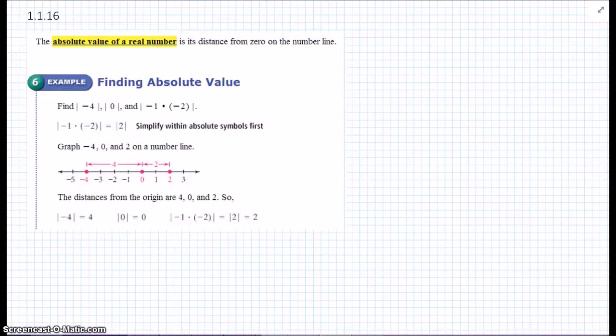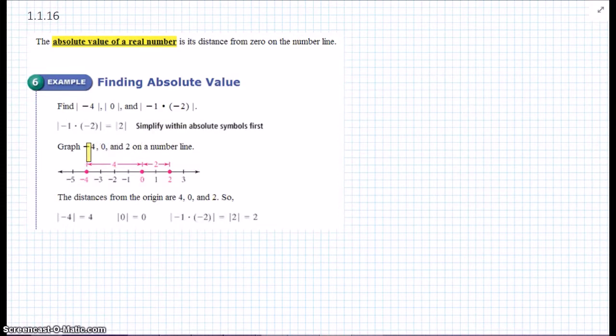The last point in 1.1. The absolute value of a real number is its distance from 0 on the number line. So finding the absolute value. Find the absolute value of negative 4. Find the absolute value of 0. And find the absolute value of negative 1 times negative 2. Okay, so anytime you have groupings inside of the absolute value signs, you're going to simplify first.